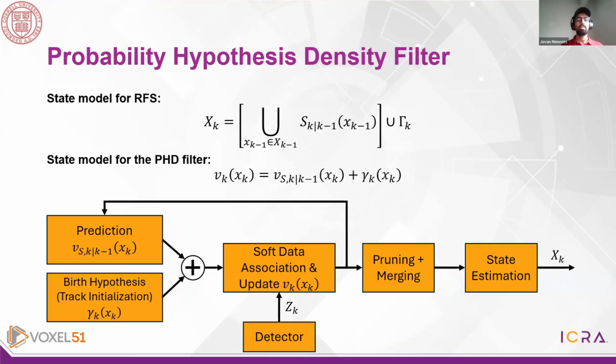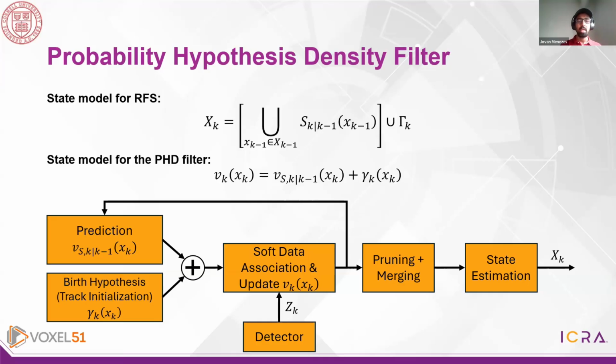So in the PHD filter, what we essentially do is we take the first order moment, which is called the intensity or the PHD of the state X_k, which is represented by nu_k over here, and nu_k essentially represents the intensity of the set X_k. Similarly, for each of the subsets, we have the corresponding two intensities.